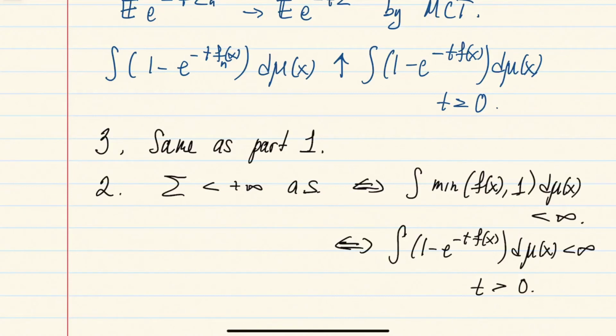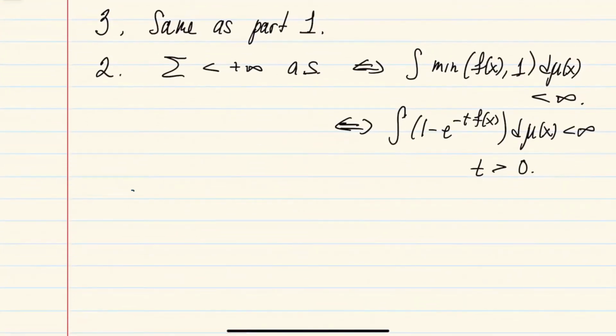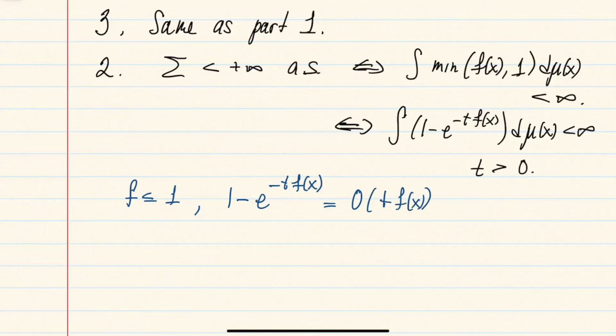Of course, the reason for this equivalence is that the integrands are in some sense equivalent. If you consider when the function f is less than or equal to 1, then 1 minus e to the minus t f of x is basically of order t f of x.